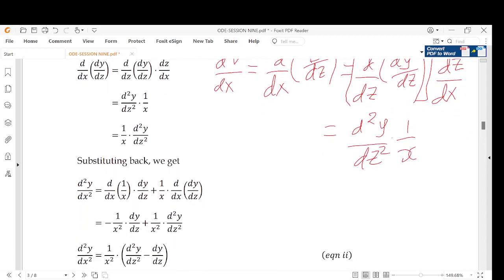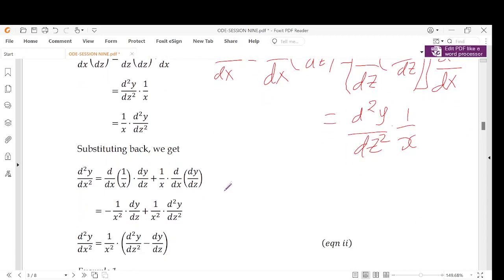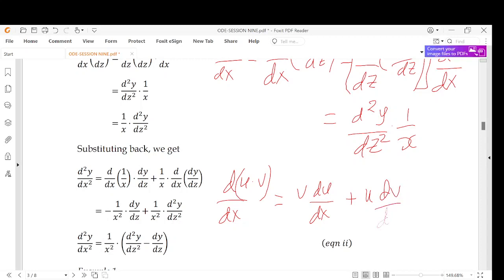Now, what do we want to write? Remember we had the product rule: v du by dx plus u dv by dx. Notice that it doesn't matter which term you start with, because this is a sum, so you can interchange the terms.